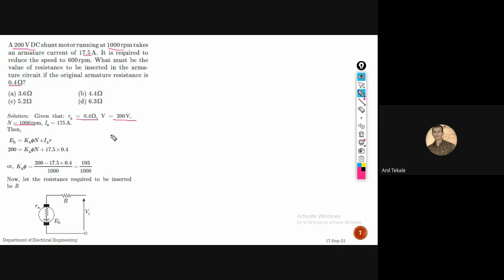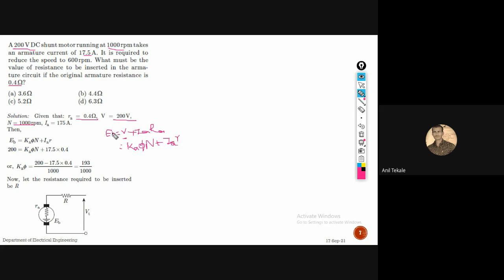As we know that Eb is equal to V plus Ia Ra, so this Eb can be written as Ka φ N. Plus Ia, and this Ra we can write as R only. Okay, so now let us solve.